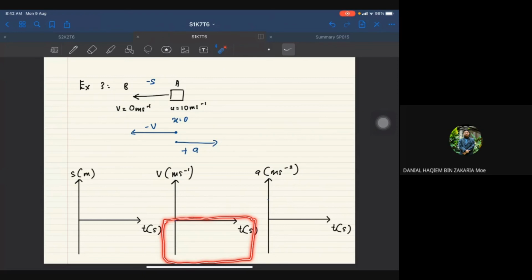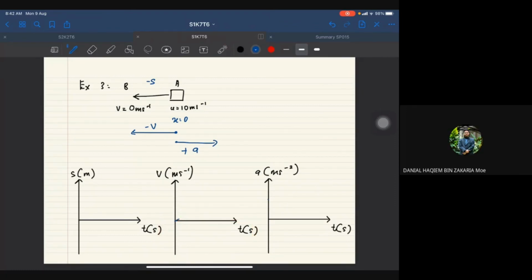Yang belah bawah tu je lah. Okay, boleh ikut? How about the magnitude? Magnitude dia increase ke decrease? Decrease. Okay, decrease from where to where? 10 to 0.